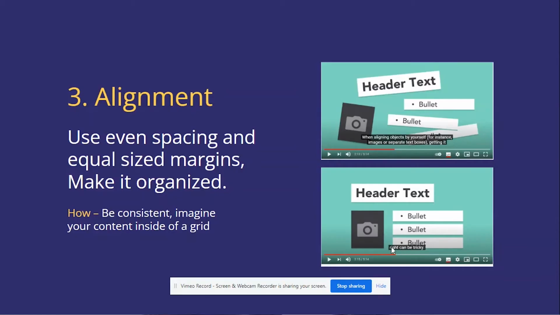We see that there are even spacing around here, around here, around here, and so this looks more consistent compared to these. So in our course of designing using Canva, alignment will help us make our work consistent, evenly spaced within each other.